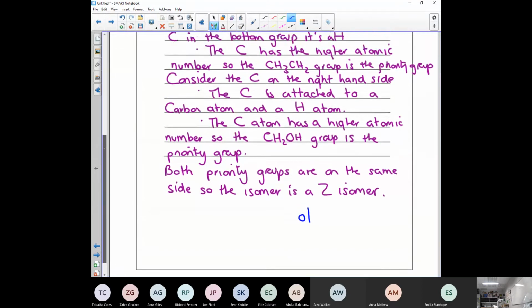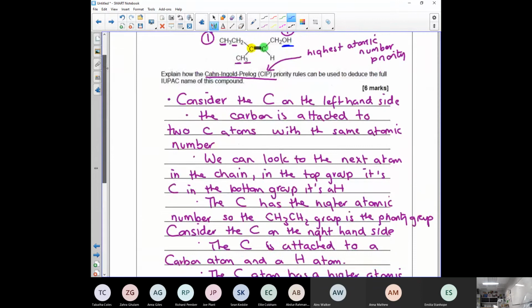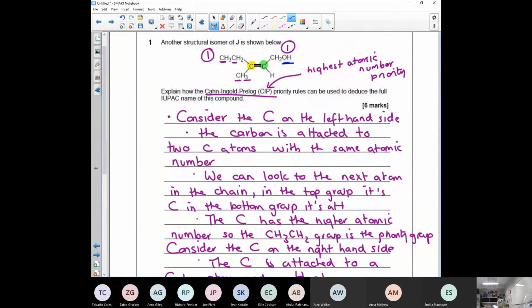We then have to work out how many carbons there are in the longest chain. So we've got 1, 2, 3. If we go down to that one, there's only 4. If we keep going on here, there's 4 and 5. Okay, so our longest chain contains 5 carbons. So we need to use that prefix pent.